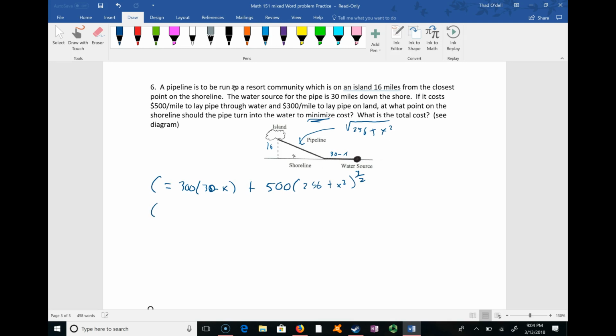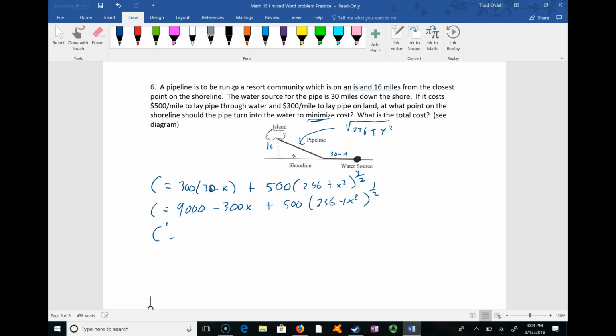Okay, so then we can multiply this out. So that'd be what? 9000 minus 300x. And we'll just have to leave that alone. 500 times 256 plus x squared to the 1/2 power.